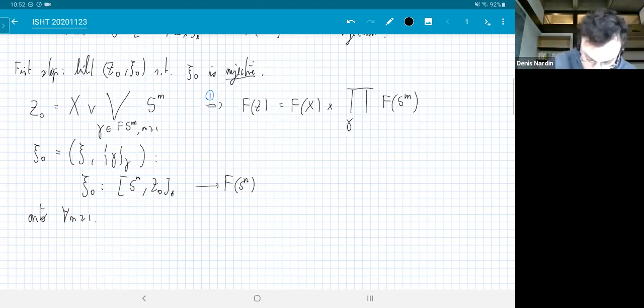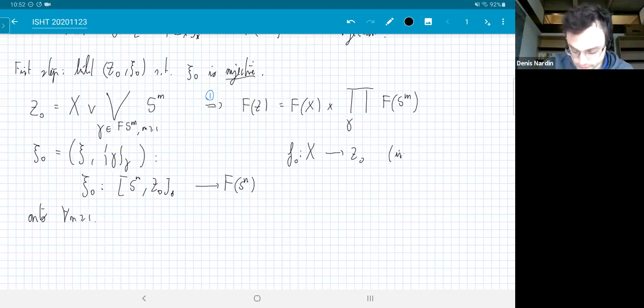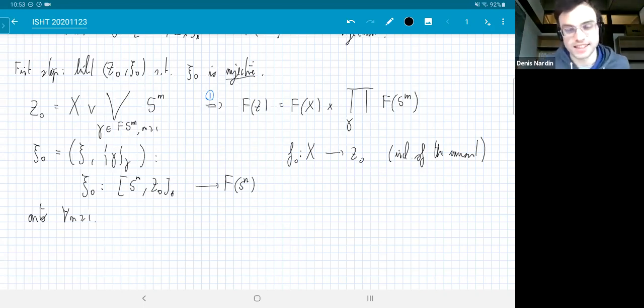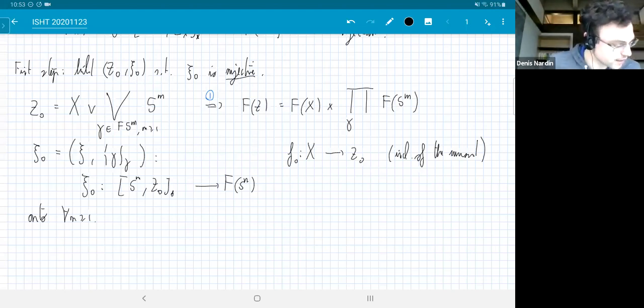Oh, and sorry, we have a map from X to Z0, which is just the inclusion of the summand. Okay, very lossy, but okay. We want to modify it so that it's also injective, because this is not going to be injective. This is just crazy. But that's okay.